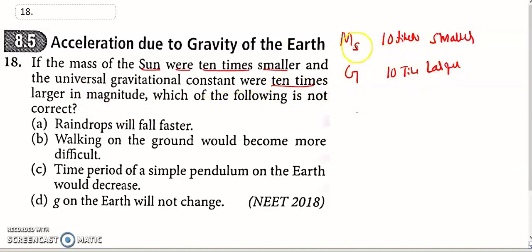So the mass of the sun is 10 times smaller than before, and G is 10 times larger.